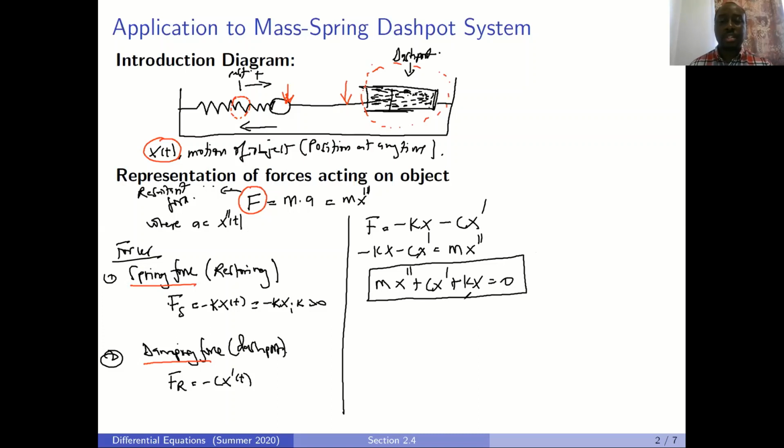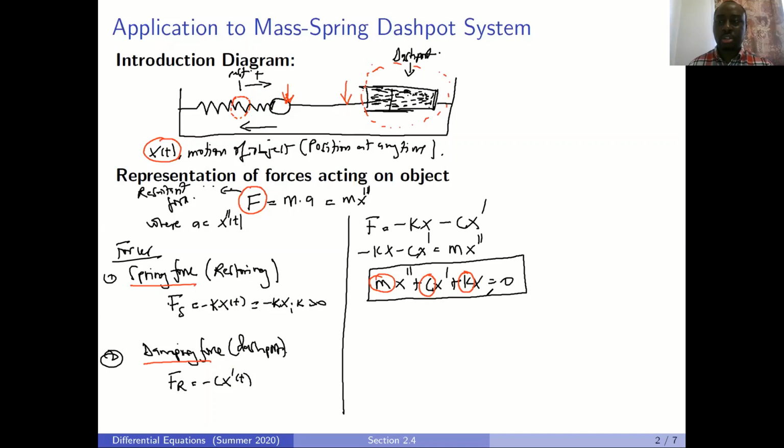So this is a model that we can definitely solve, as long as we know the mass of the object, this friction coefficient or damping coefficient c, and the spring constant k. Then we've completely determined this differential equation.